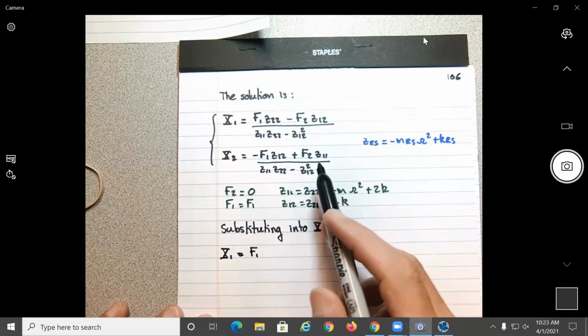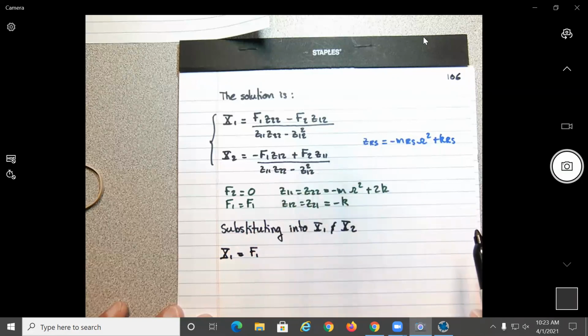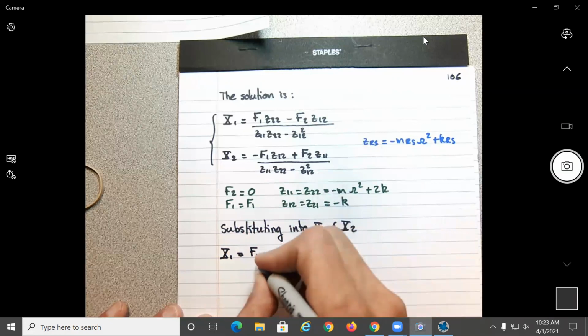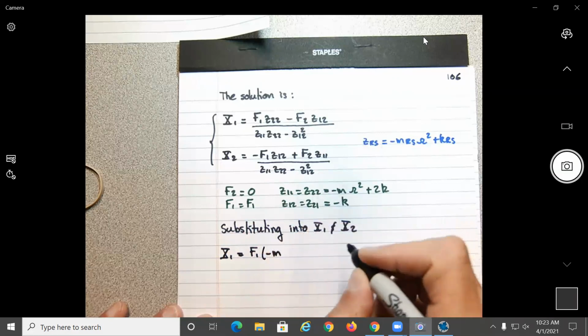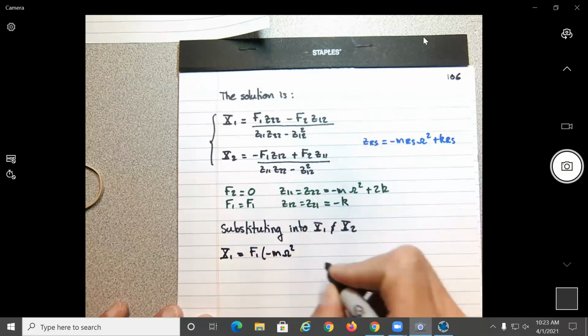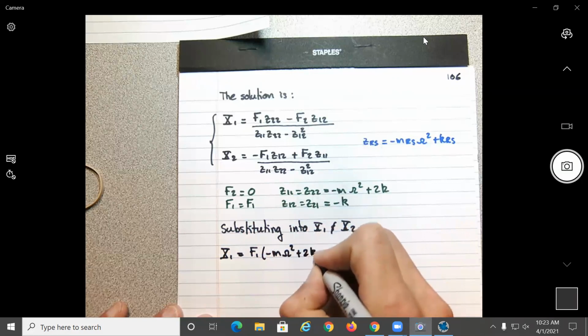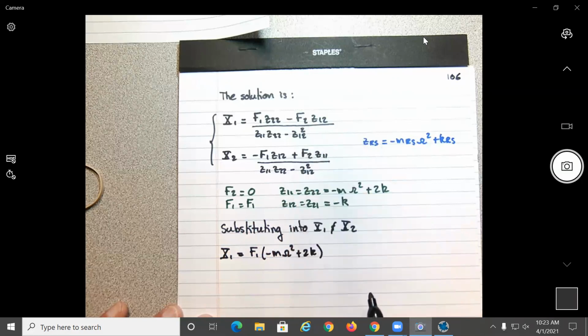Now m2 z22 is this expression here. So this will give us minus m capital omega squared plus 2k. F2 is 0.